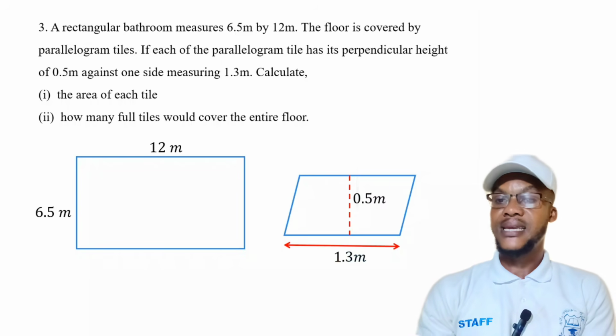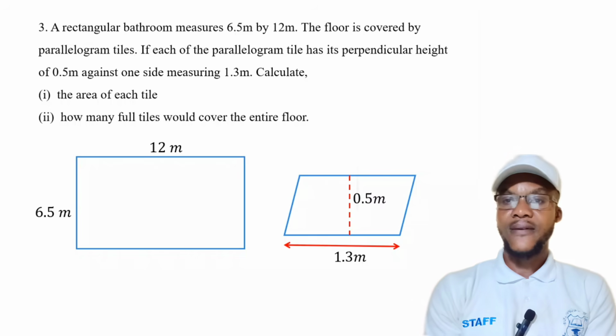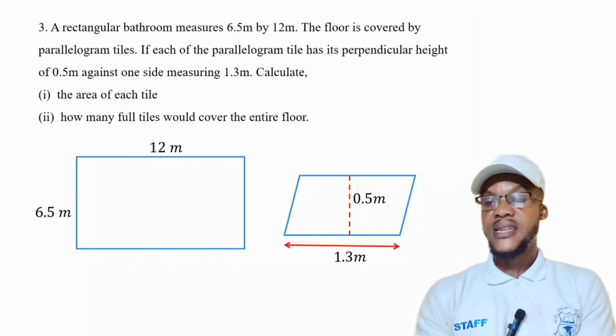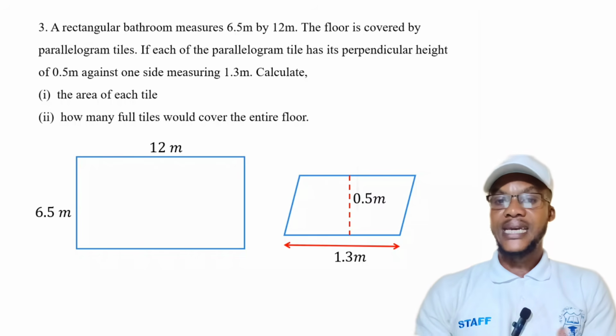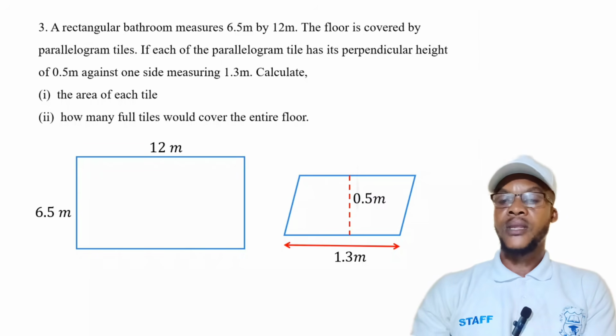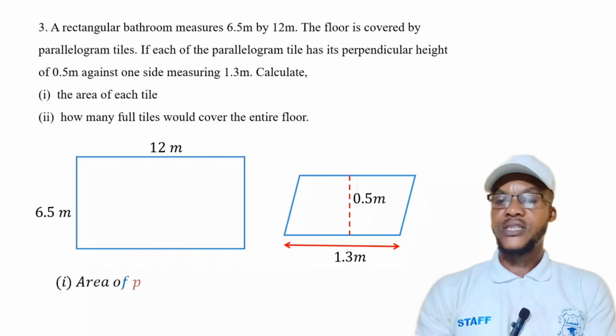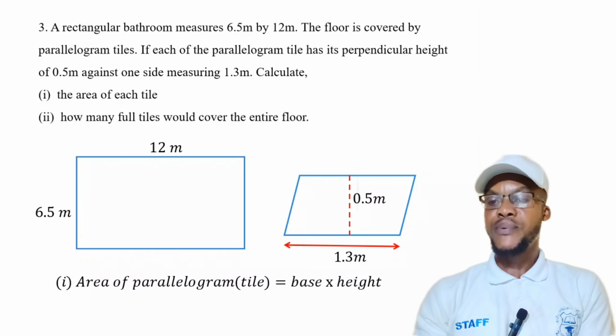If that is the case, then how do we even find the area of each tile? You know that the parallelogram represents the tile. Okay, so if you are finding the area of the tile, it means you are going to find the area of the parallelogram. All right, yes. So how do we find the area of a parallelogram? We know that the area of a parallelogram is given as base times height.